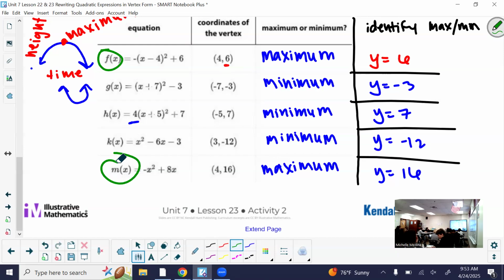Okay, so everyone listen, maybe we need a vote. If I asked you on the test between f of x and m of x, which one has the higher maximum, you would say which one? Good. So you first would have to identify them on both, knowing that it's the y of your vertex, and then compare which is higher. All right, moving on.